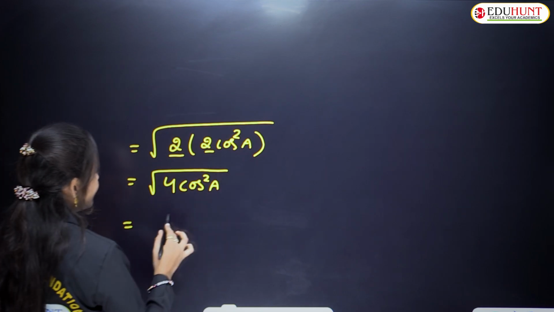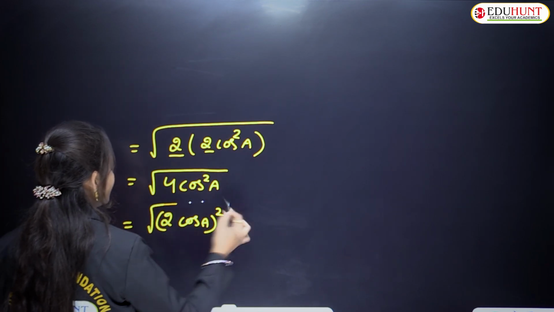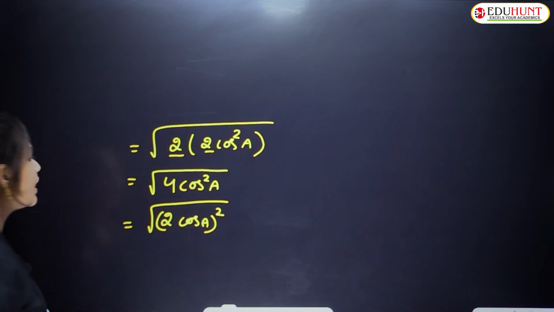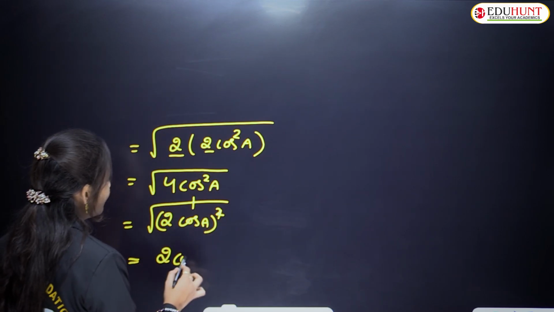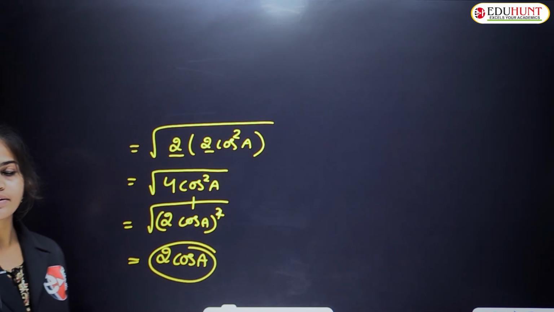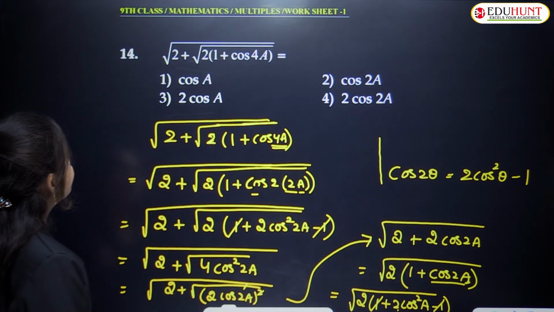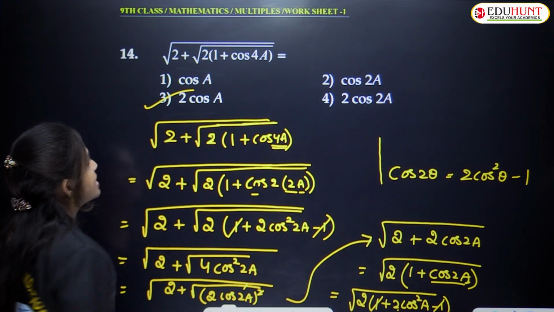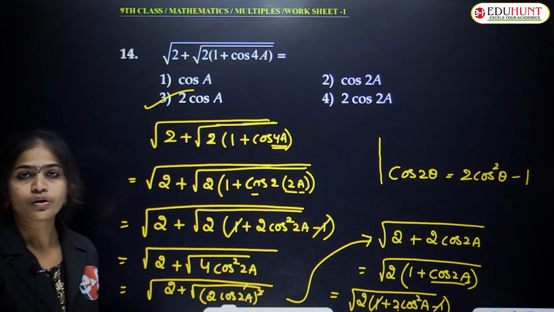Again we can write this as 2 cos a, whole square, under the square root. Here the square and square root get cancelled. So finally, what is the answer here? The answer is 2 cos A. Which option is correct here? Option 3 is correct.